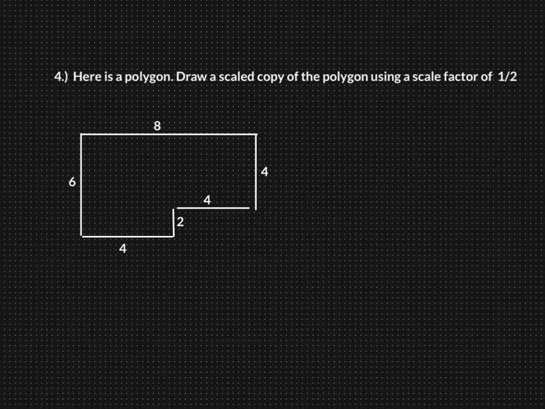And it says that we have to use a scale factor of 1/2 to create a new shape. So that means we take each of these numbers and multiply times 1/2.